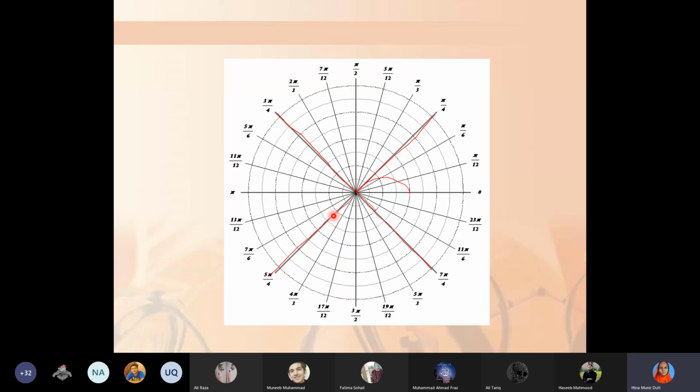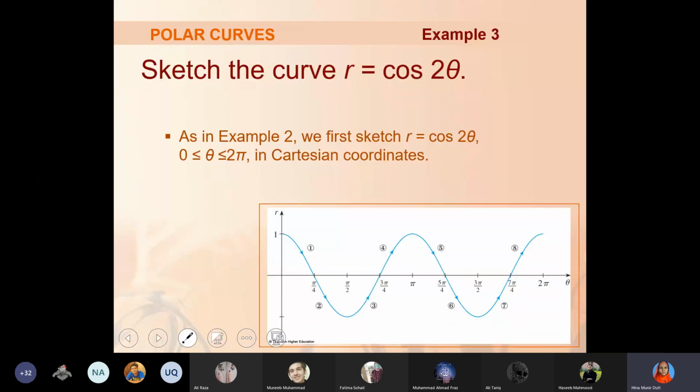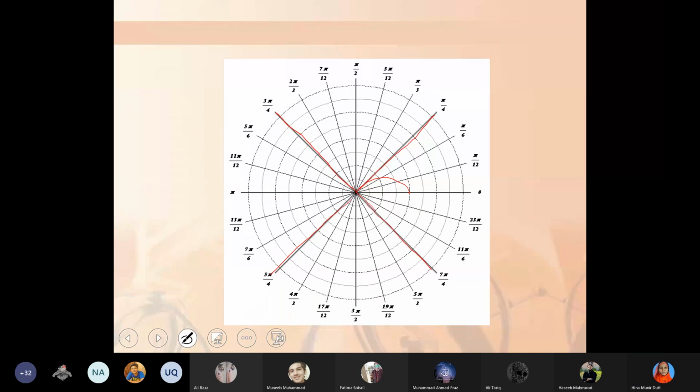This is π/4, opposite of π/4, and π/2, opposite of it. So the curve is located on this side. It is decreasing from 0 to -1. You will get this, 0 to -1.